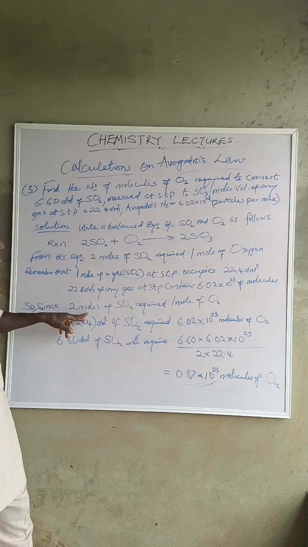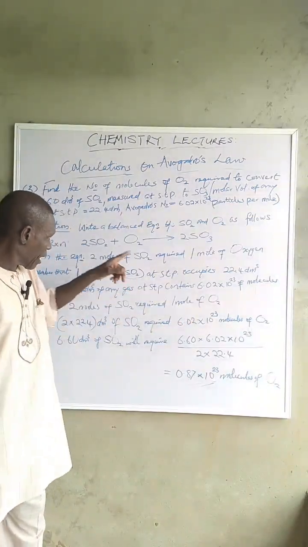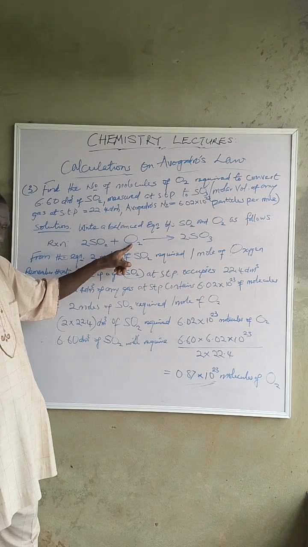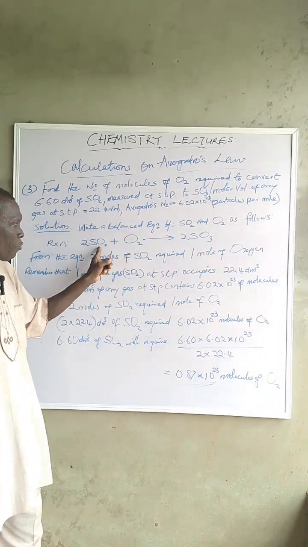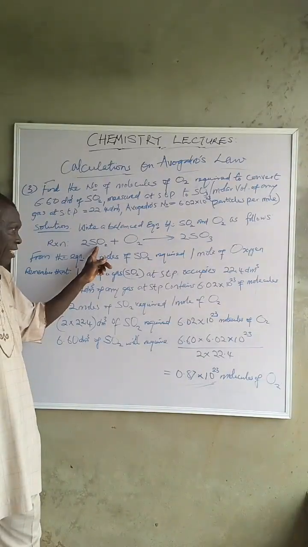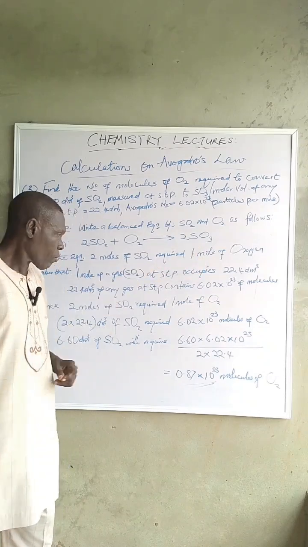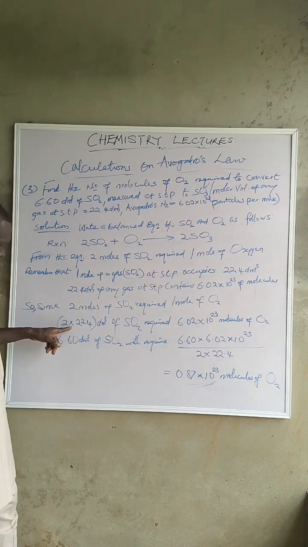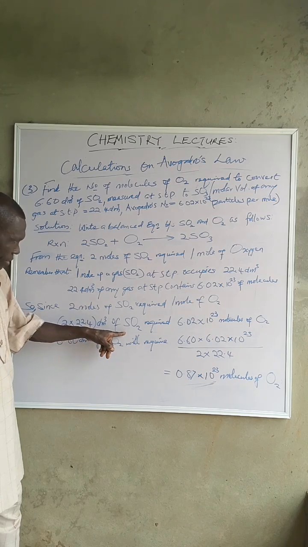So since 2 moles of sulfur 4 oxide require 1 mole of oxygen, that is from this equation, 2 moles of this require just 1 mole of oxygen to produce this gas. So 1 mole of oxygen is required to convert this substance to SO3. Now look at this place, we have 2 times 22.4 dm cube of this.